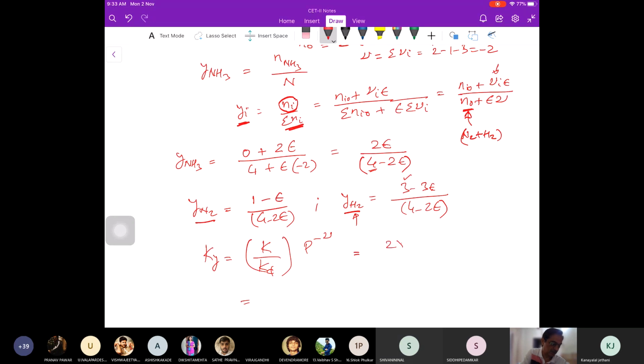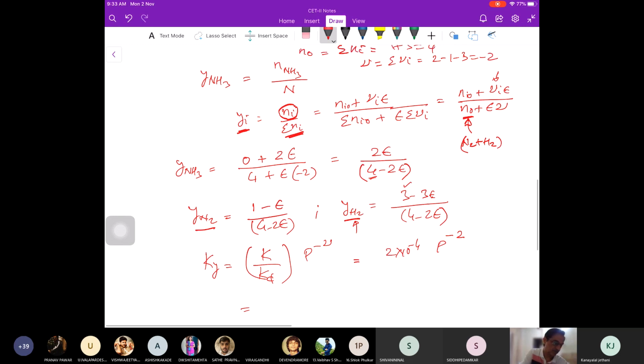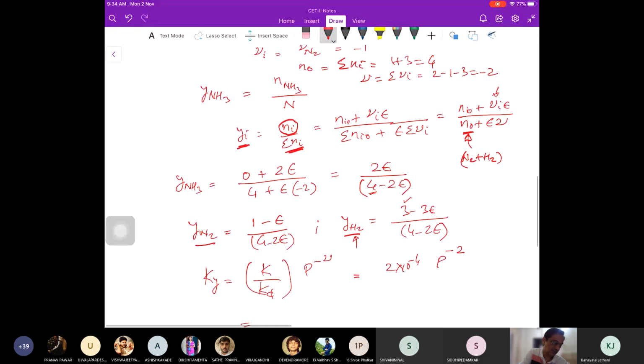K is 2 into 10 raised to the power of -4 into P raised to the power of -2 आएगा, क्या आएगा? Is this correct? ये करेक्ट लिखा है मैंने.